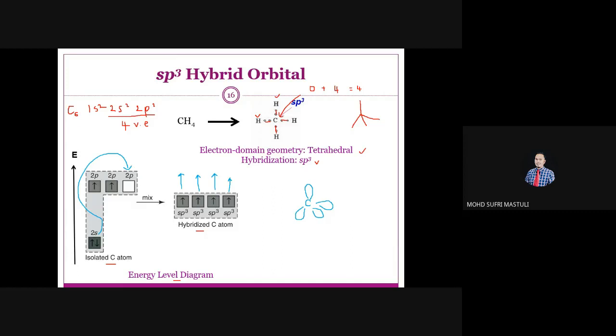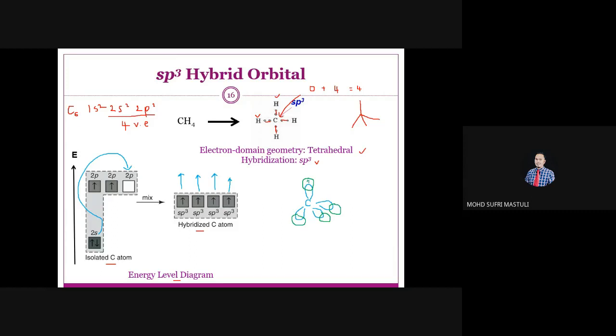It's like a tetrahedral. Okay, but be very careful with the terminal atom. The terminal atom is hydrogen. Hydrogen is the s orbital, so it should be round. It's not a p orbital. Hydrogen s orbital, s orbital, s orbital, and also s orbital.